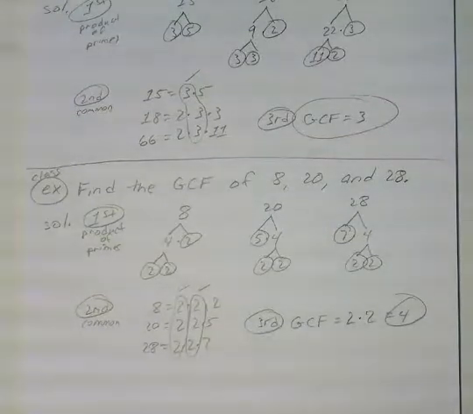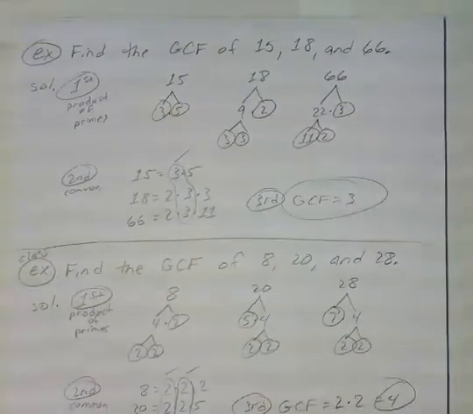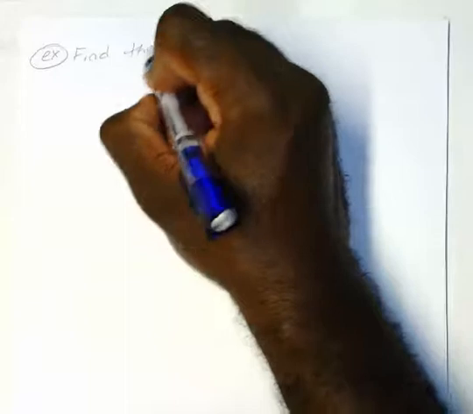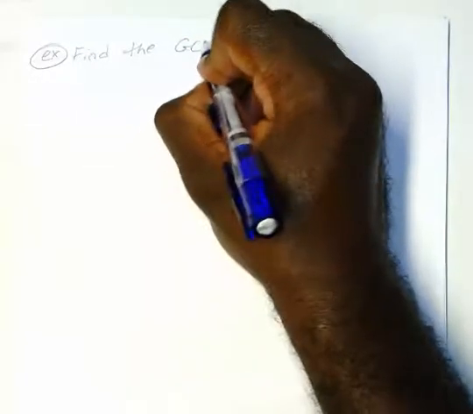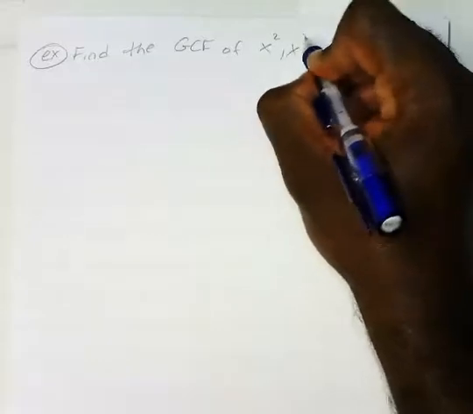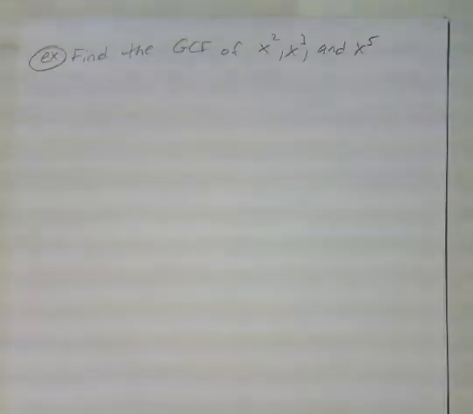Now we're going to look at the greatest common factor if all of your terms were just variables. Okay, so let's say, for example, you wanted to find the greatest common factor of x squared, x to the third, and x to the fifth power.